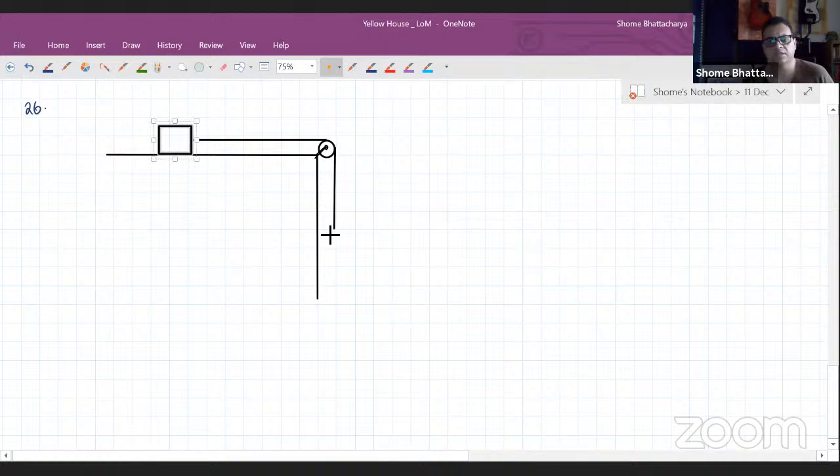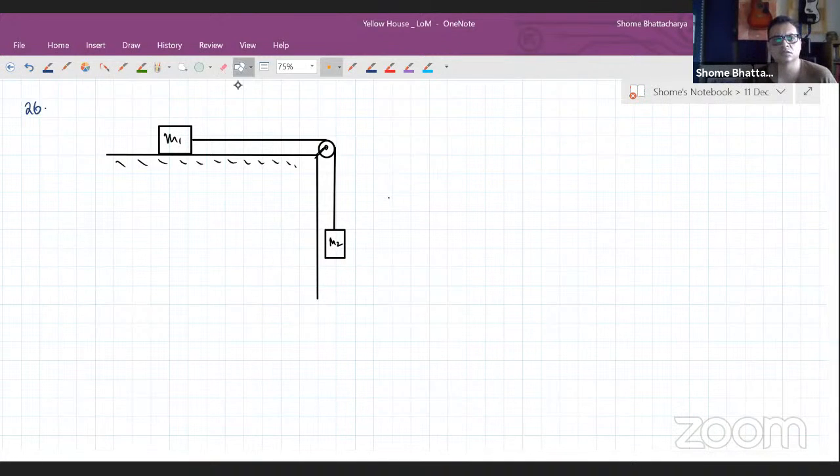So one block attached here, one block attached here. This surface is smooth. Now these blocks are of mass M1 and M2. And we are applying a force.